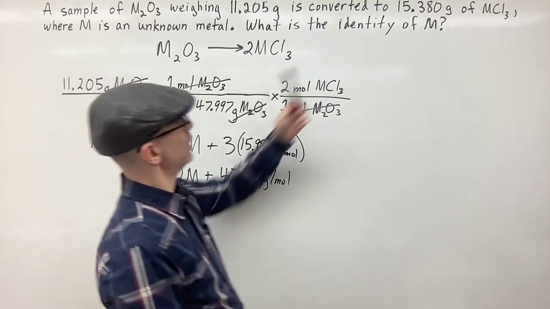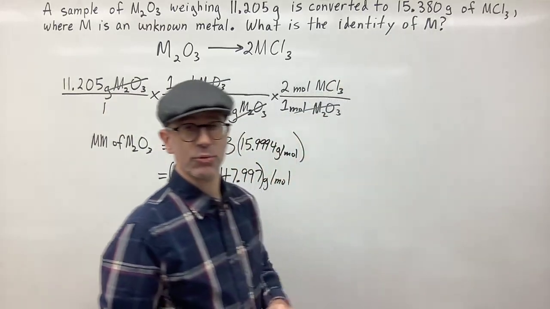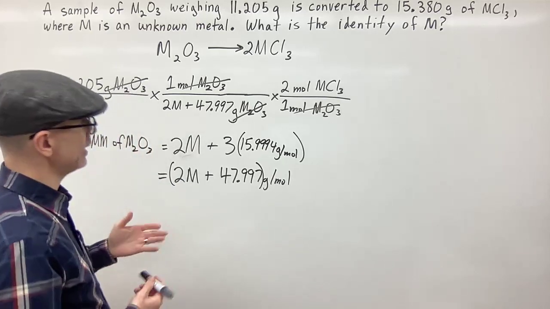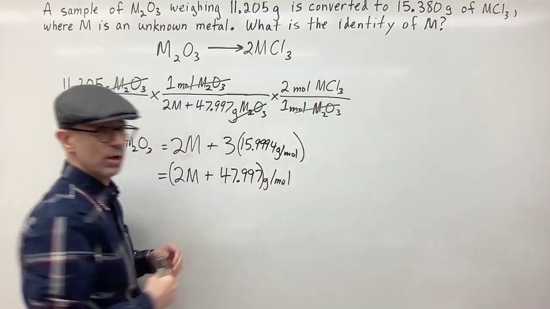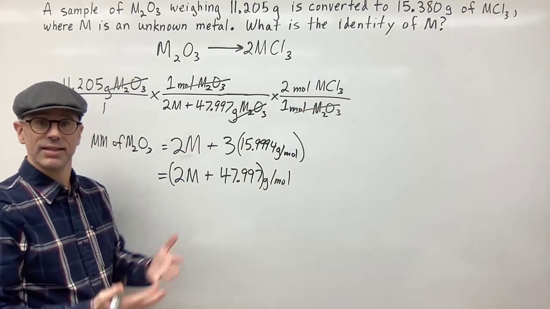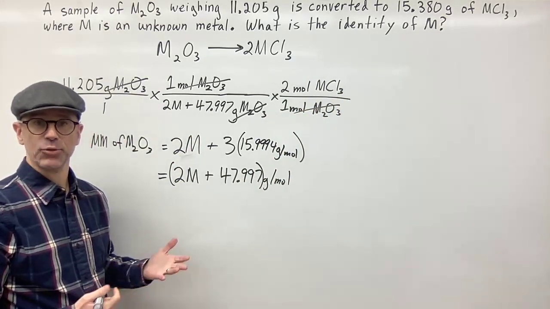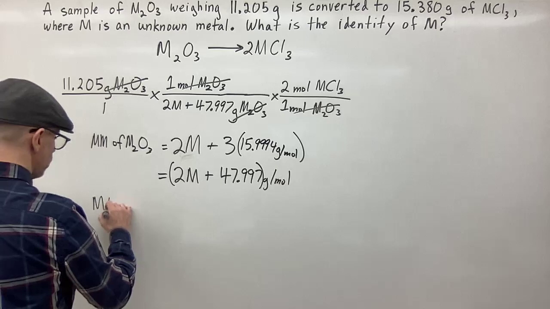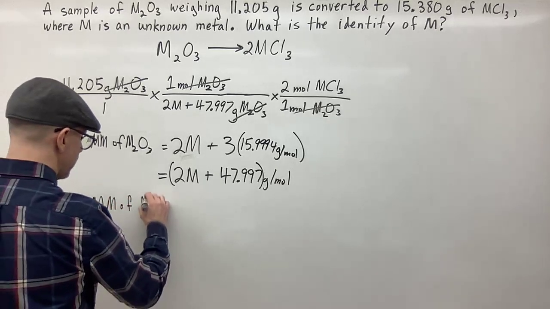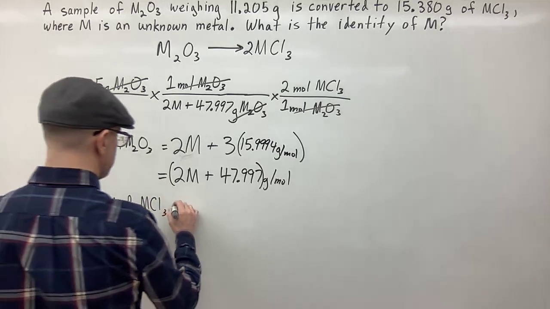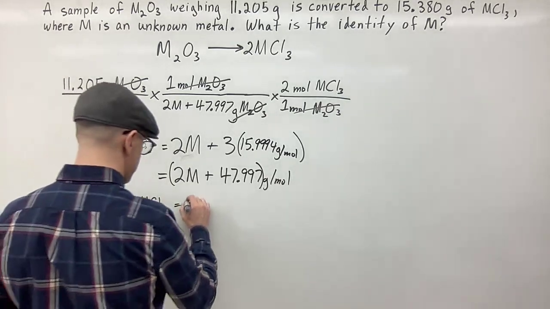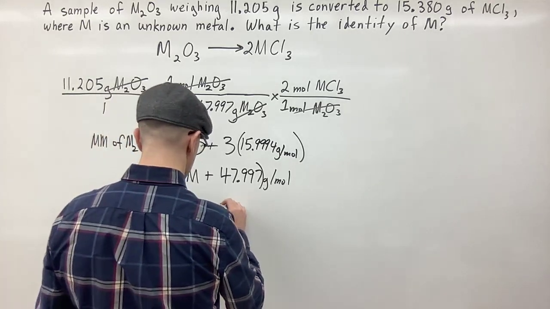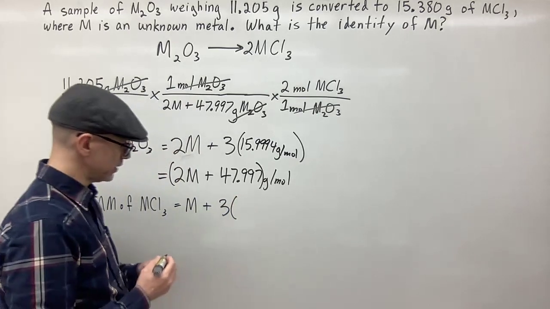Now, what do I want? I want grams of MCl3. So I'm going to now use the molar mass of MCl3. But again, I don't know the molar mass of M, so I have to calculate the molar mass of MCl3 in terms of the molar mass of M. So the molar mass of MCl3 is going to be equal to M, whatever the molar mass of M is, plus 3 times the molar mass of Cl.